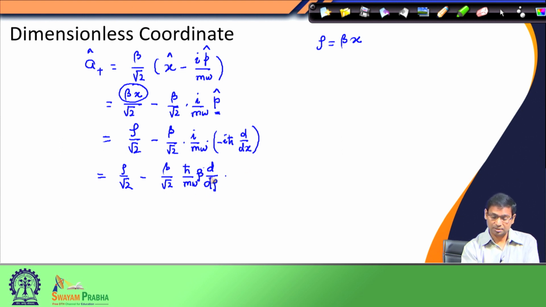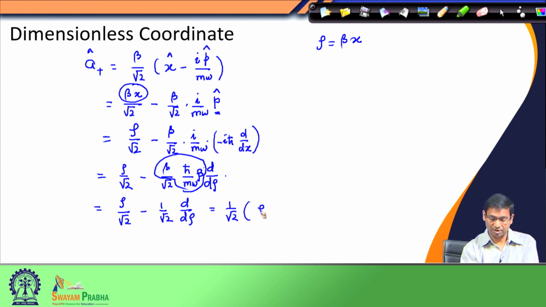So d by dx becomes beta into d by d rho. So I have beta here, beta square, and if you remember, h bar divided by m omega is 1 over beta square. Therefore, this term becomes rather simple. All these terms cancel out, they become 1, and then I am left with this simple form. I can further simplify it.